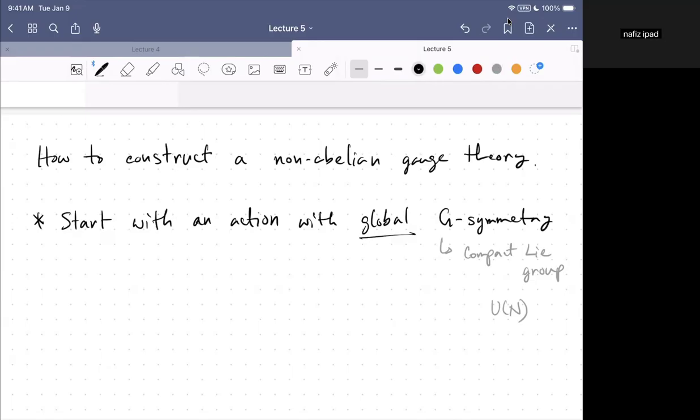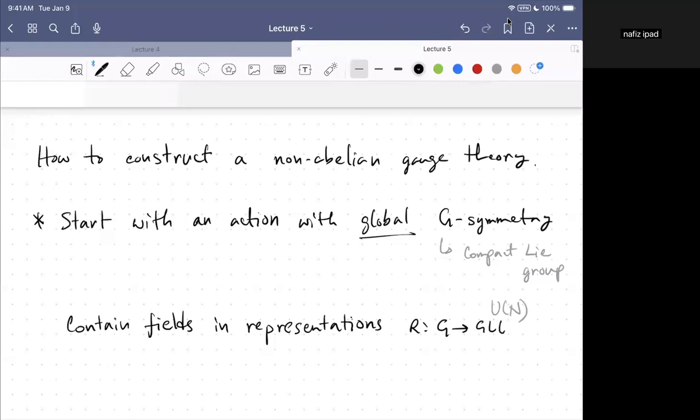And so what it means to have an action with a global G-symmetry is that this action will have fields. So it will contain fields that will transform under various representations of your symmetry group. Fields and representations. And what were representations? They are homomorphisms from your group to invertible matrices.